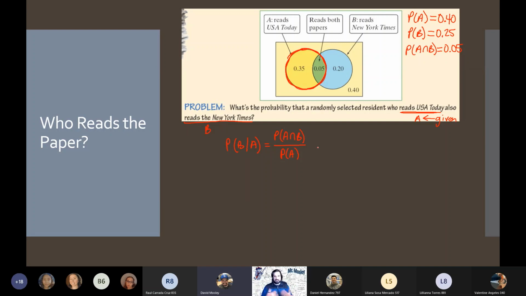We do not have the count of what happens, so we can't use those proportions. We just have to use these decimal proportions that were given. Probability of A intersection B, which is the same as probability of B intersection A, is 0.05. Probability of A is 0.4. And this will give us 0.125, or 12.5%.